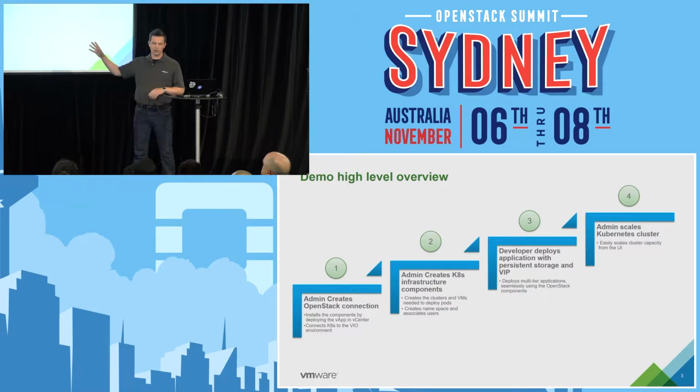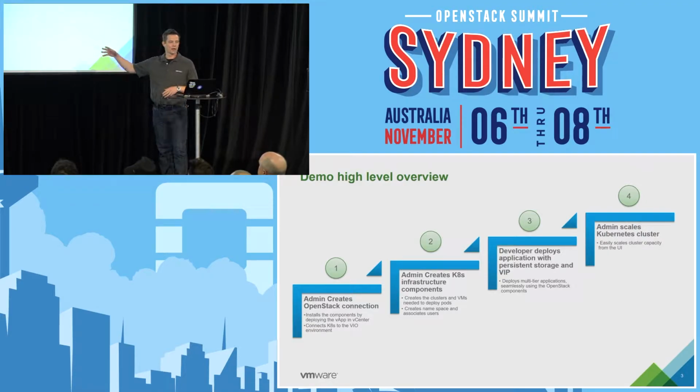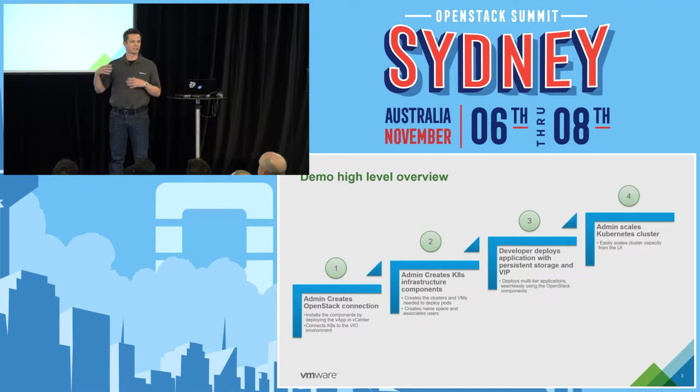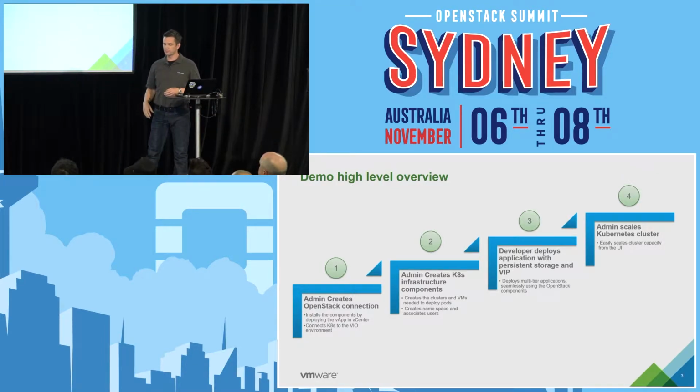So just a high-level flow. We assume that OpenStack is already installed, and then we deploy this container platform on top of it. And then the administrator goes in and creates an OpenStack connection or an OpenStack provider. Basically sets up the container platform for provisioning the underlying resources for Kubernetes and for our clusters.